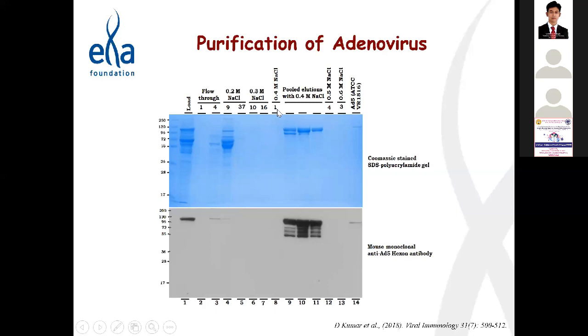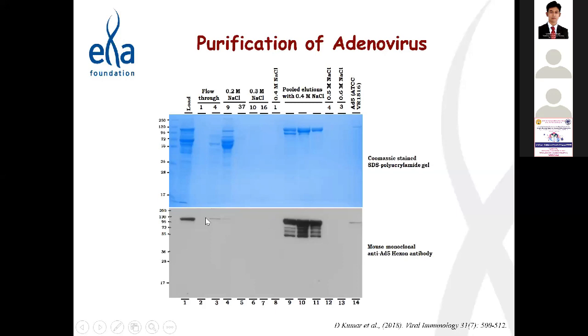0.4 molar NaCl we used for elution, and you can see here a protein band corresponding to the hexon protein of adenovirus. As a positive control, we used adenovirus from ATCC, American Type Culture Collection. We also checked with anti-AD5 hexon antibody.